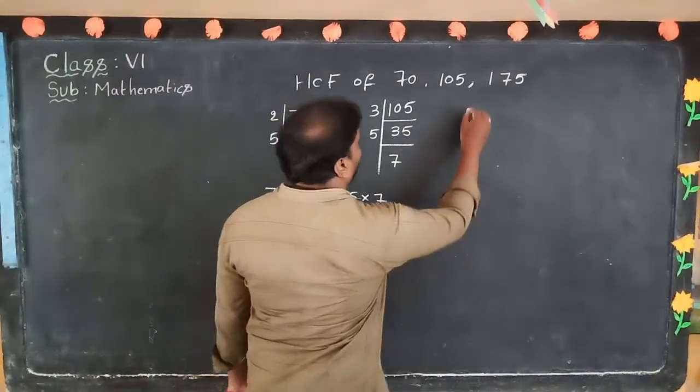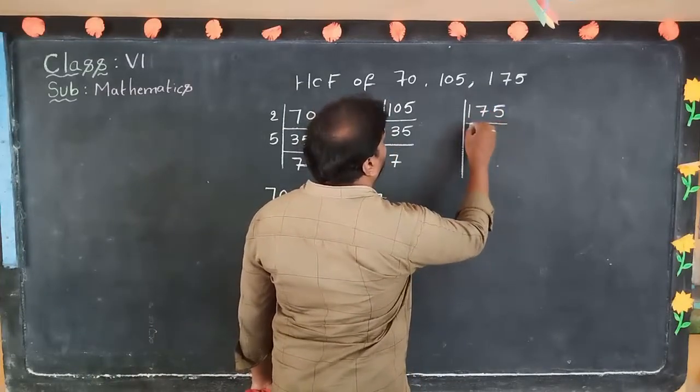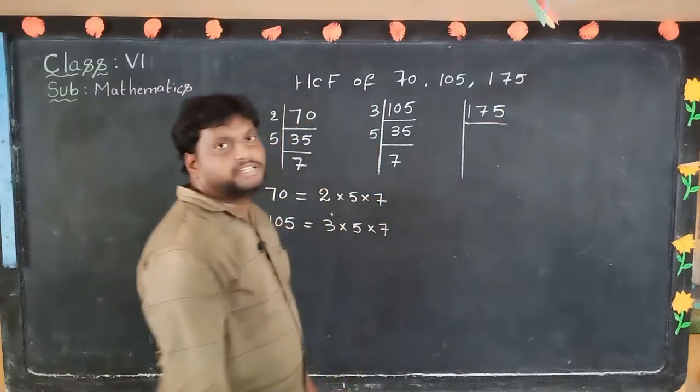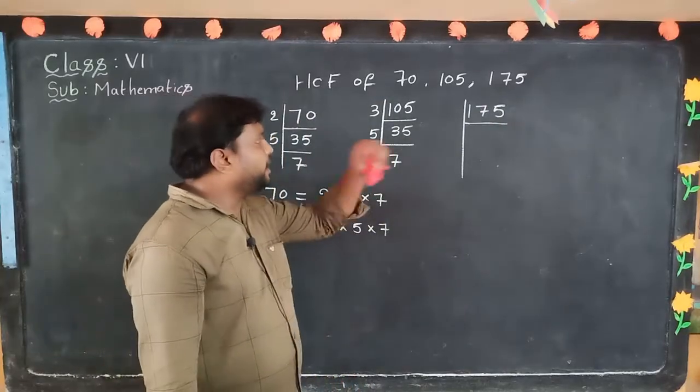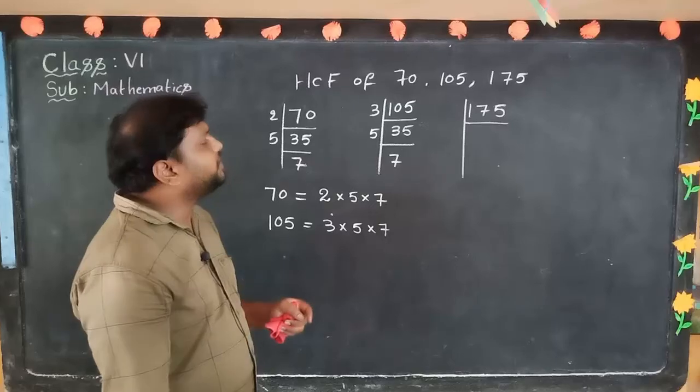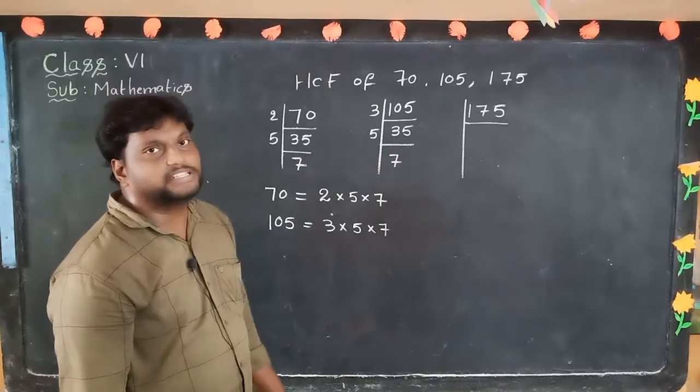Next, 175. 175 is not possible with 2, because it is an odd number. Then with 3, we'll check: 1 plus 7 is 8, 8 plus 5 is 13, not possible.